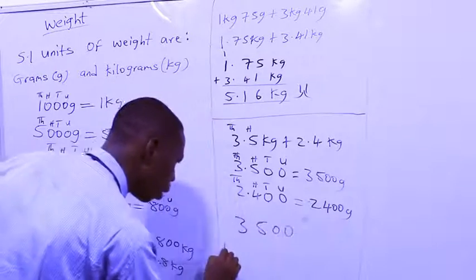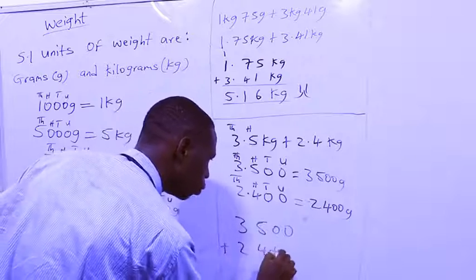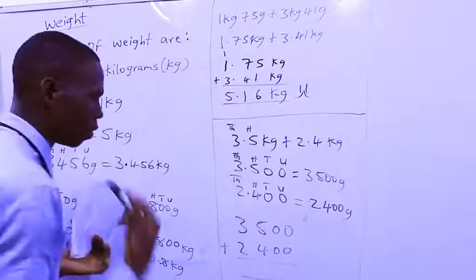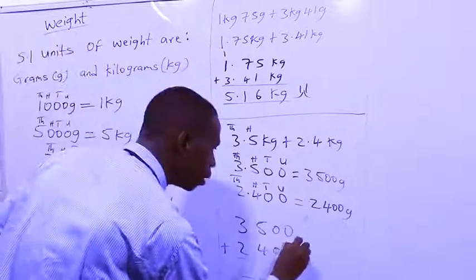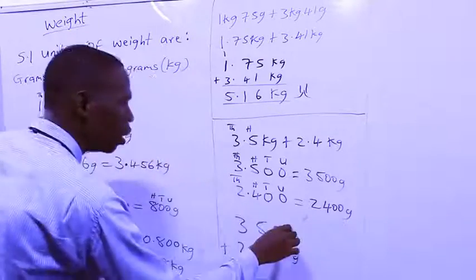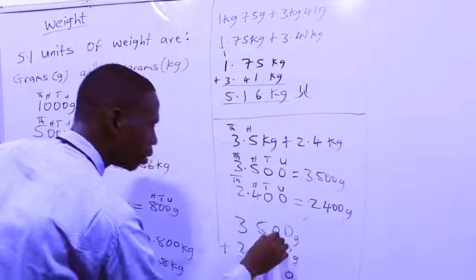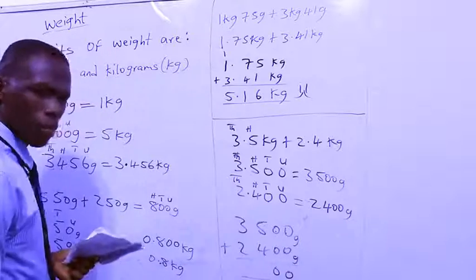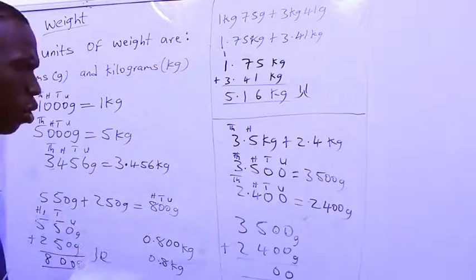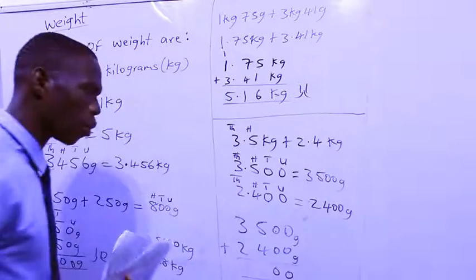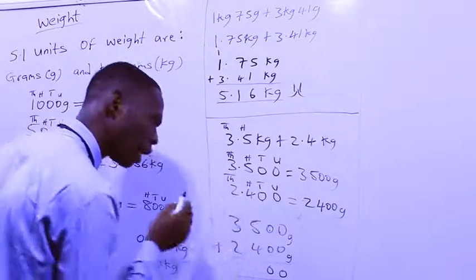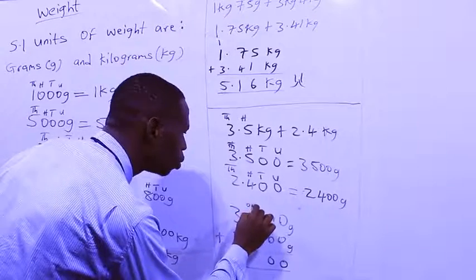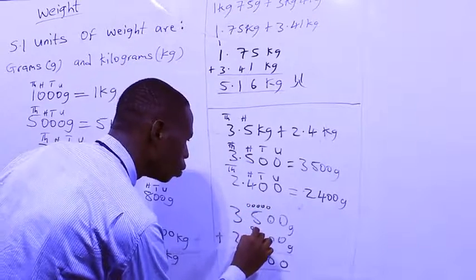3,500 plus 2,400. Remember to put grams. 0 plus 0 is 0, 0 plus 0 is 0. 5 plus 4 is 9. How did I know? If you can't add straight, you can just use stones. 1, 2, 3, 4, 5. 1, 2, 3, 4.